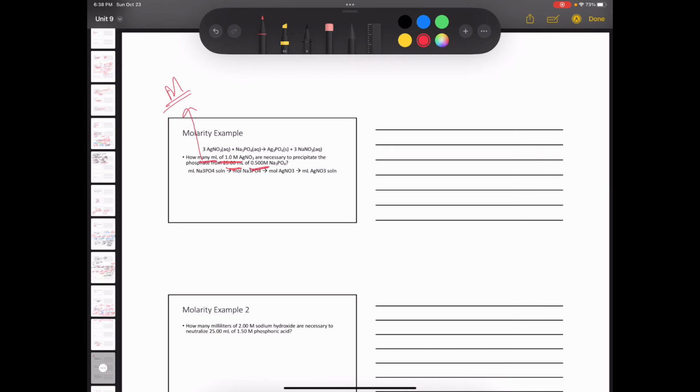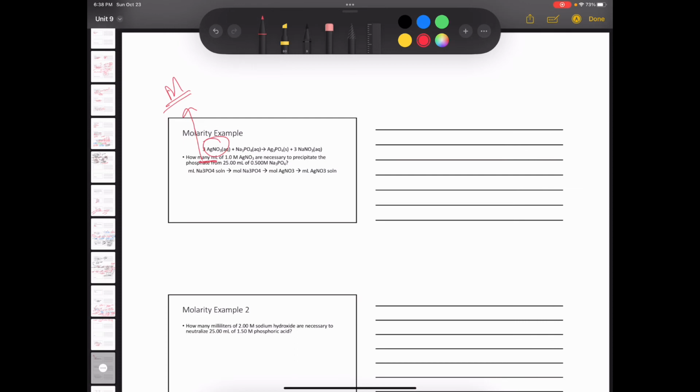Okay, so we are trying to find out how many milliliters of silver nitrate will be needed to precipitate the phosphates in 25 mL of 0.5 molar sodium phosphate. Okay.